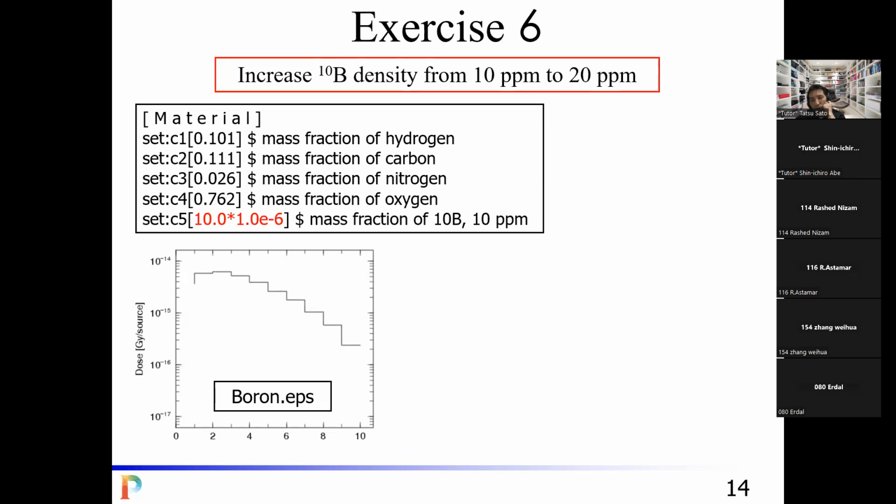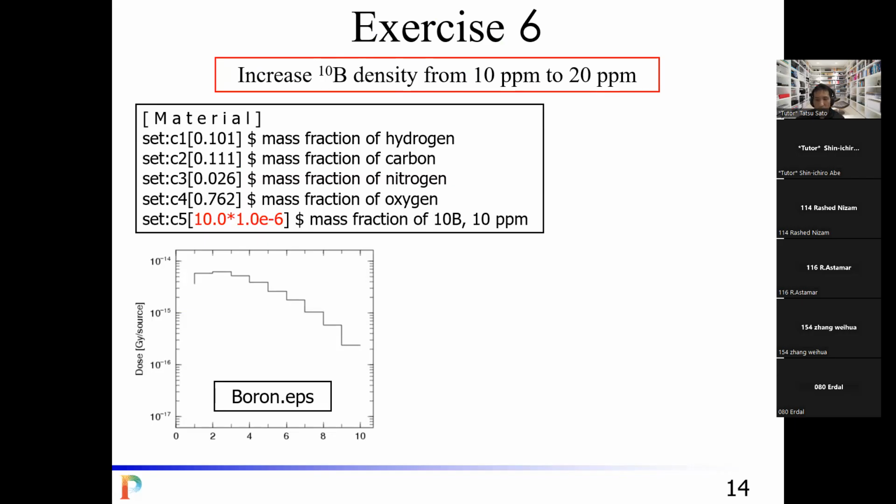Anyway, let's increase the boron 10 density from 10 ppm to 20 ppm, and see the difference. Here, C5 is the mass fraction of boron 10.